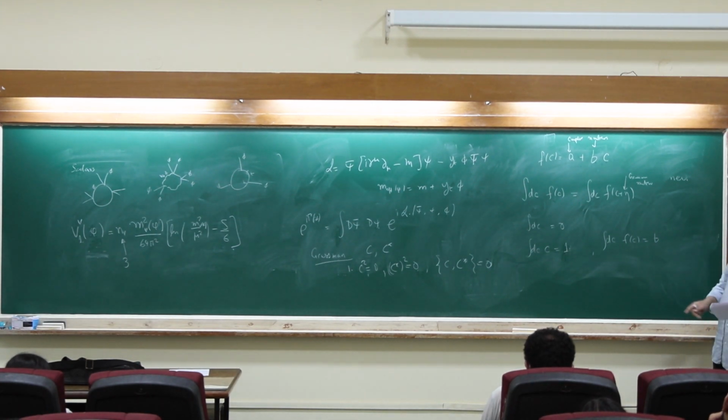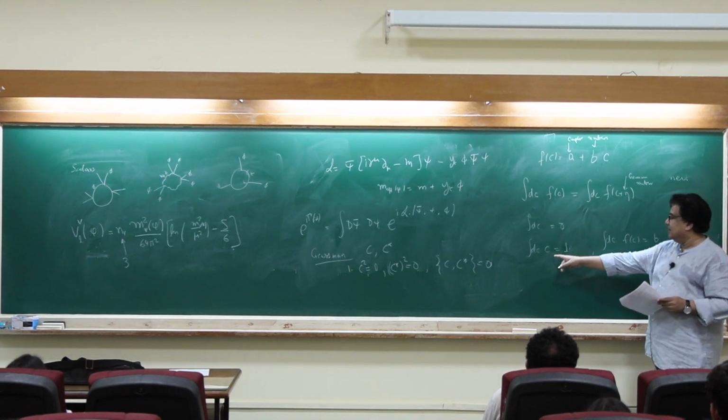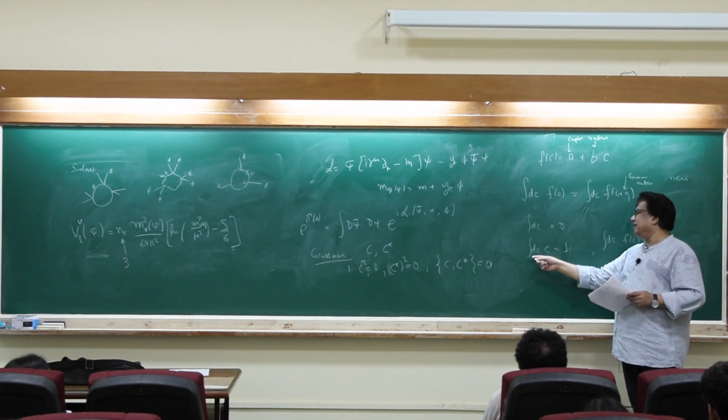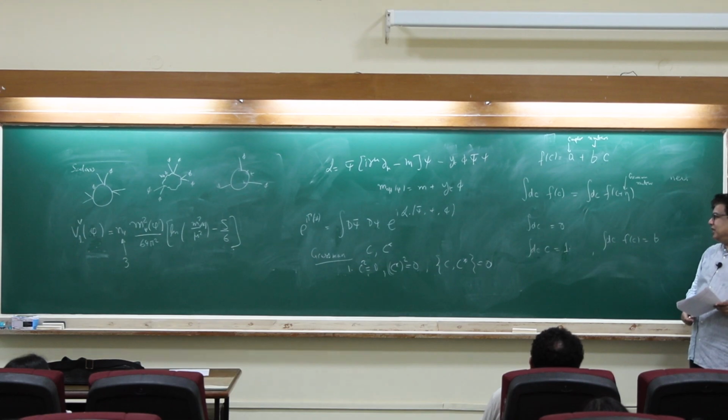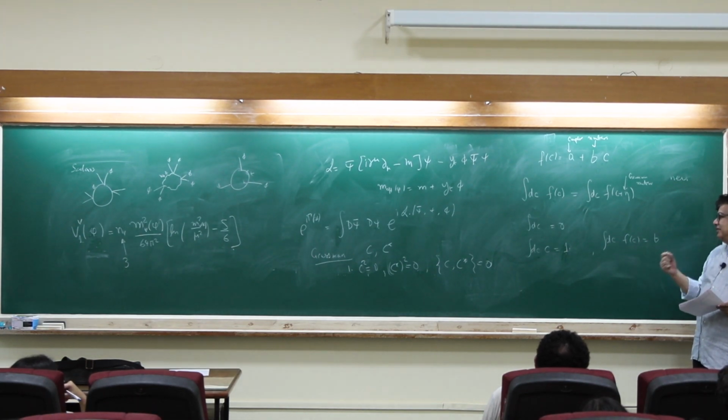Okay. So these definitions are coming from the fact that you have to have a shift symmetric property of the integral. So you can see that intuitively the integral does the same thing as what you will expect from a derivative.